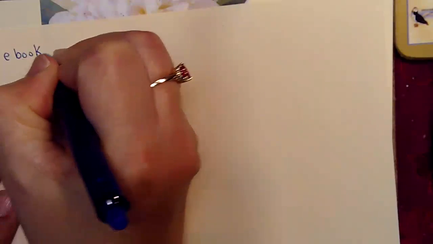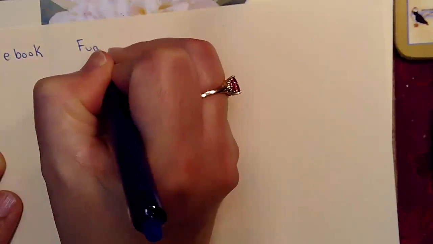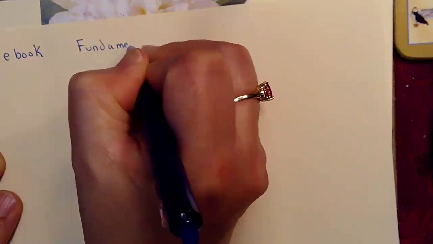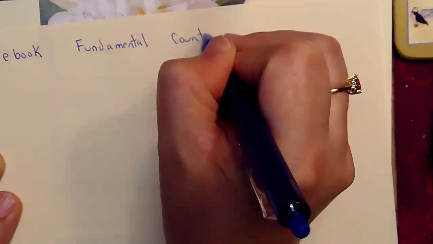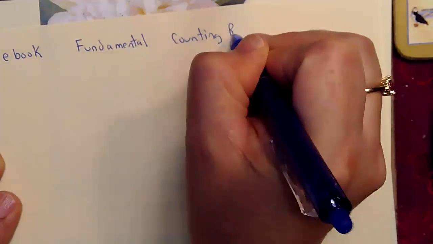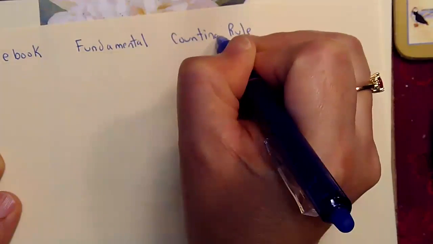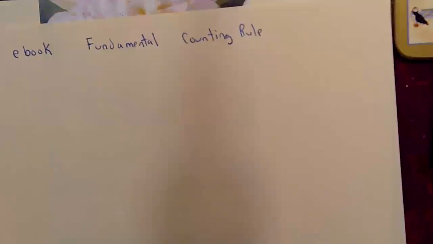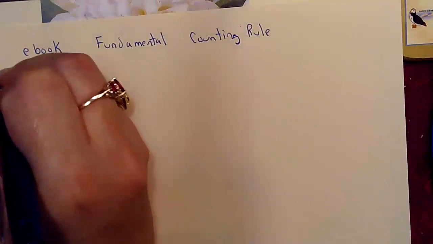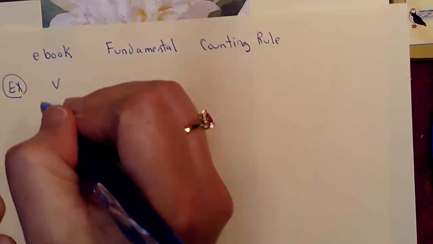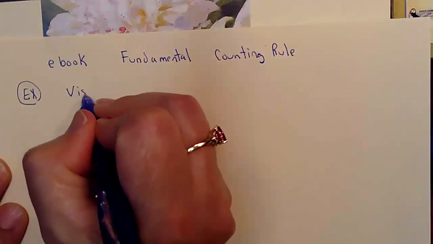Okay, let me write these down. So these are from your ebook. And this is teaching again examples of the fundamental counting rule. Here EX means example, and it says visiting nurses.